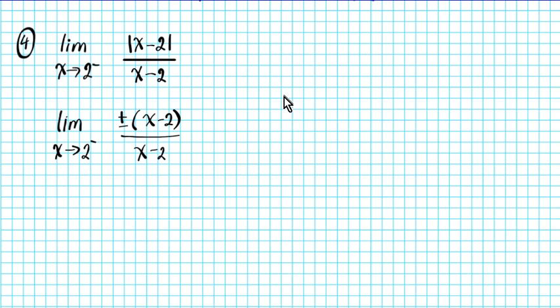Okay? So we're confronted with the same situation that we came across in problem 3, where we have to pick one function. Alright? The break happens at 2. There is positive 2 and negative 2. Negative 2 is to the left, and positive 2 is to the right. So if we're approaching 2 from the right, we'll take the positive piece.